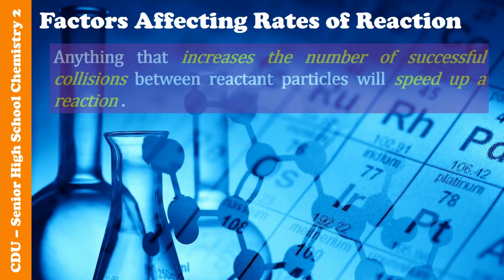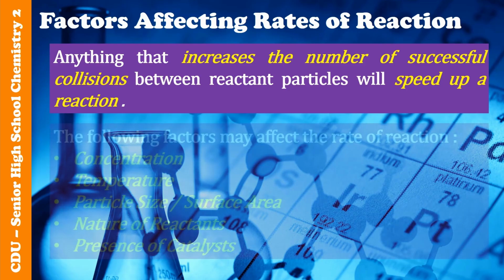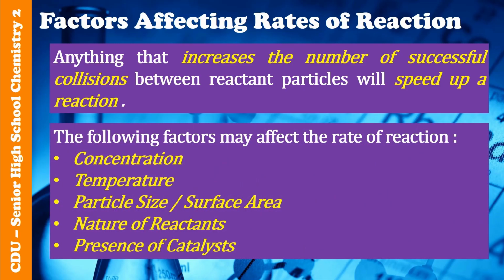Anything that increases the number of successful collisions between reactant particles will speed up a reaction. The following factors may affect the rate of reaction: concentration, temperature, particle size or surface area, nature of reactants, and the presence of catalysts.